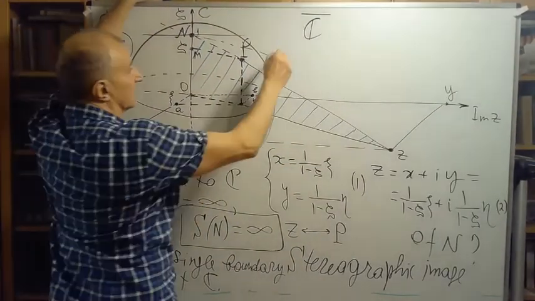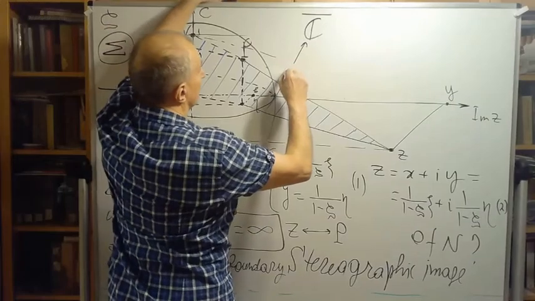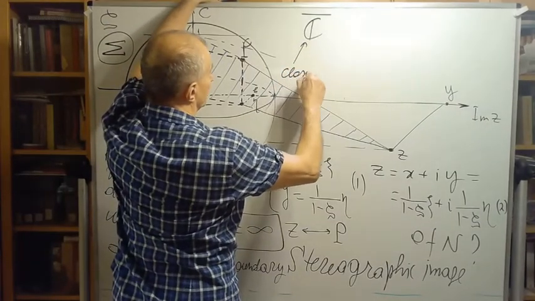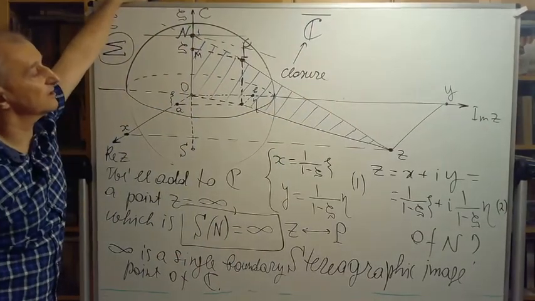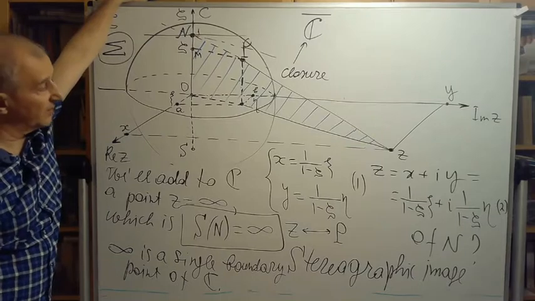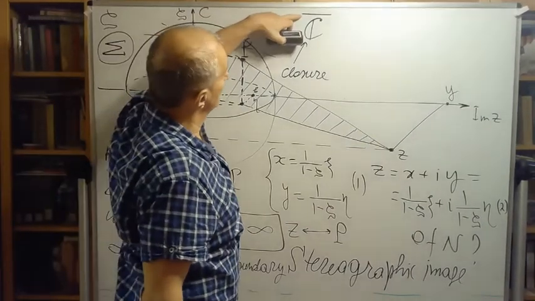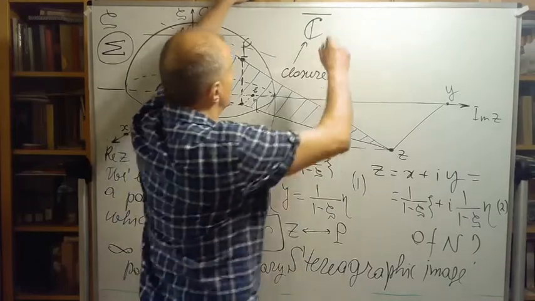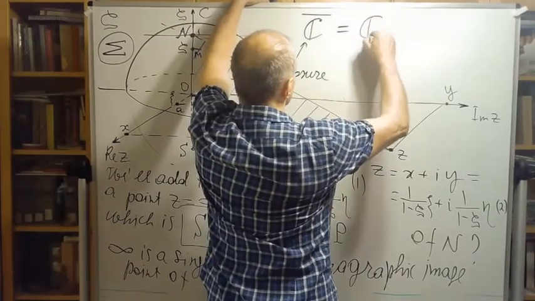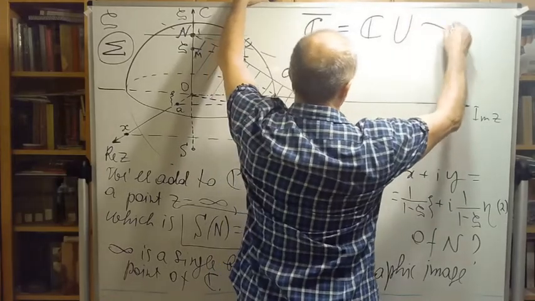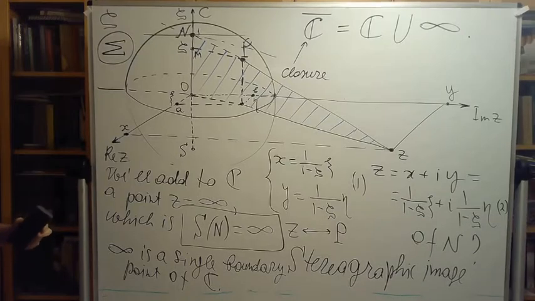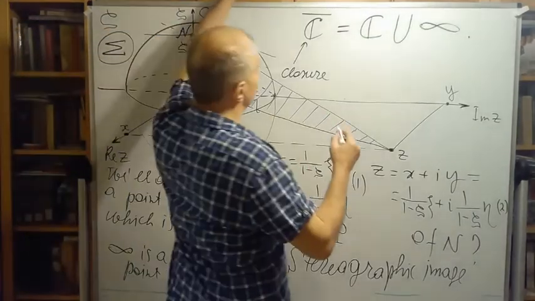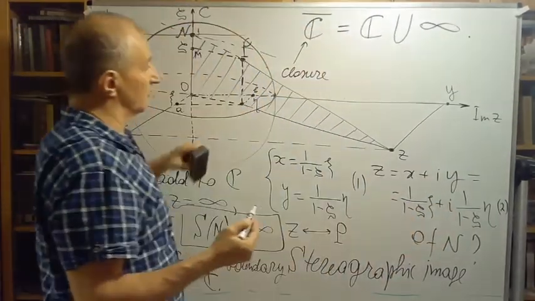The bar is a closure. Usually, if you have an open set, a set that does not contain its boundary points, when we include boundary points, we denote the same set with a bar above it. So it will be the ordinary complex plane and the point at infinity, which is an important point. And it's usually called the extended complex plane.